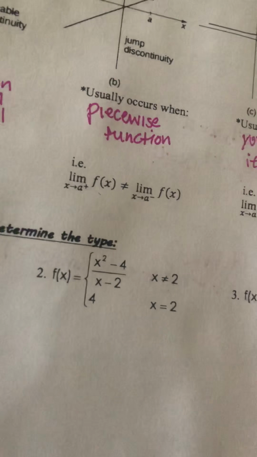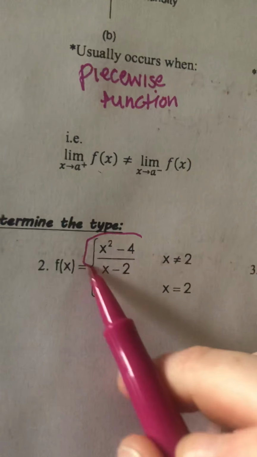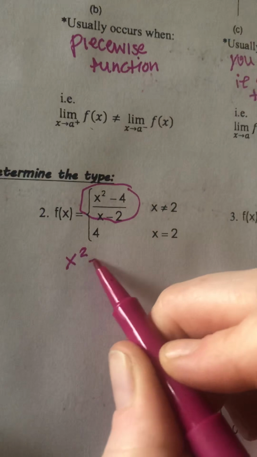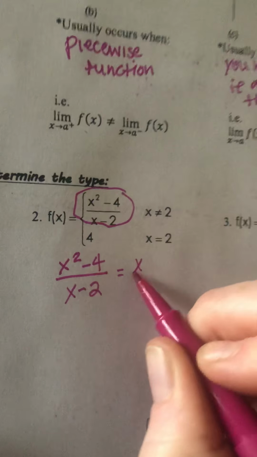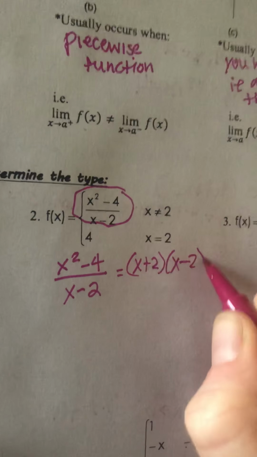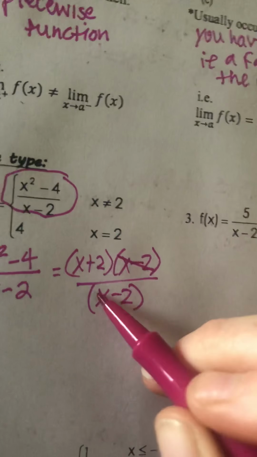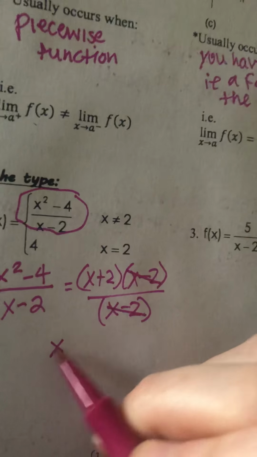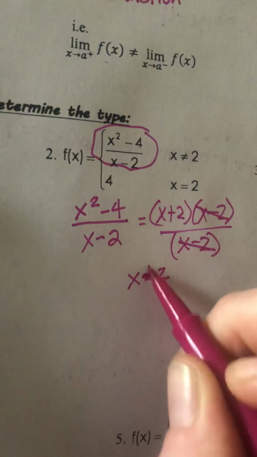All right, next. So if we plug in 2 to these piecewise parts, if you look at the top function, and we plug in 2, we'd be dividing by 0. So we're going to have to simplify that more. I'm looking at the first part of this piecewise function. That's x plus 2, x minus 2, over x minus 2. And you should notice this is one type of discontinuity we were talking about. So those would cancel, and sorry, x plus 2 is what it would simplify to.